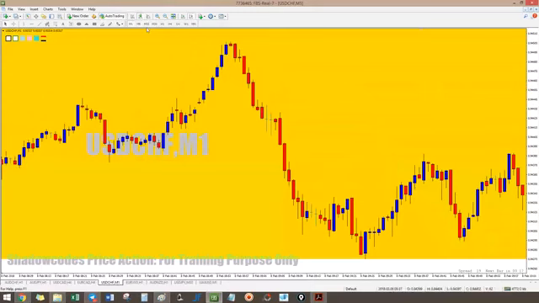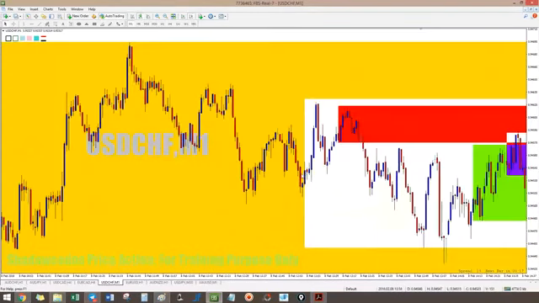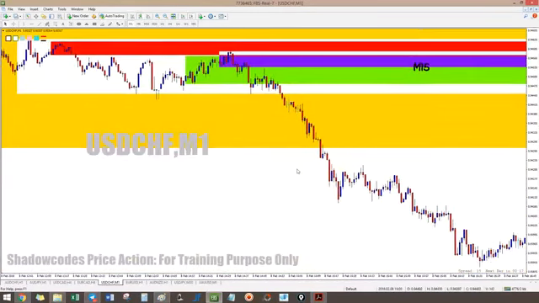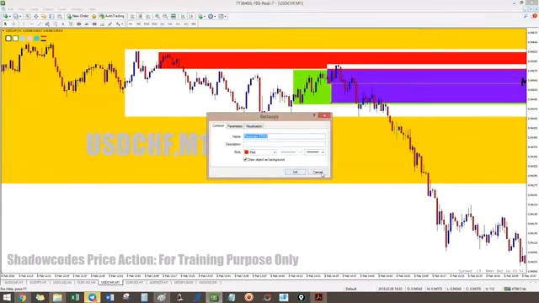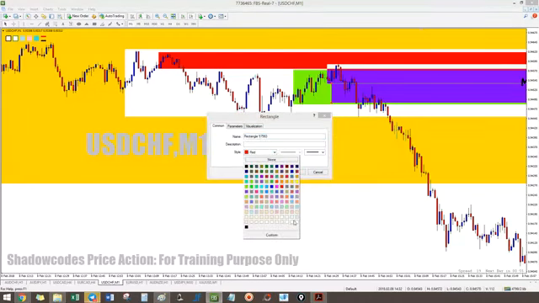Then go to M1. Do we see any clean break? Clean break, clean break, this is a clean break, this is a clean break, this is also a clean break. What color do we want to use next? Maybe white.